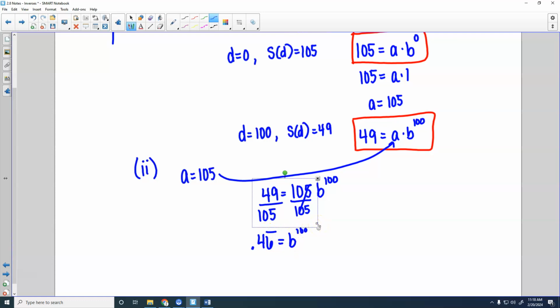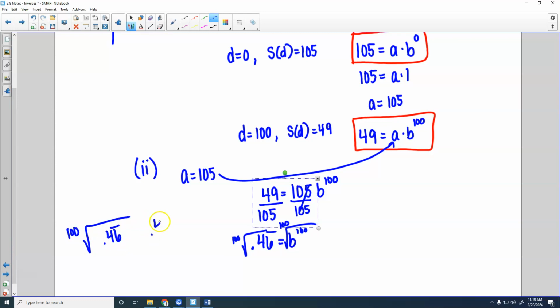What do I do to get rid of the 100 power? One-hundredth root. What's another way I could type that in? The 100th root. We could do an exponent to the 1 over 100.